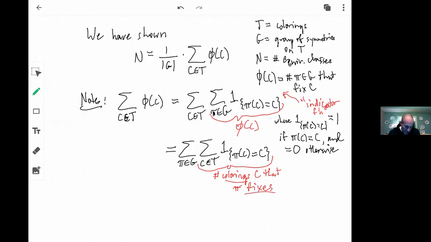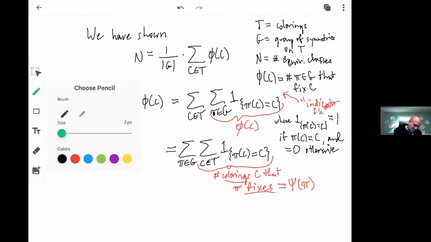Again, pi is like the fixed thing here. So that's slightly different than the other one, okay? So look, we're going to give this a name. We're going to call this psi of pi. It's the number of colorings that pi happens to fix.